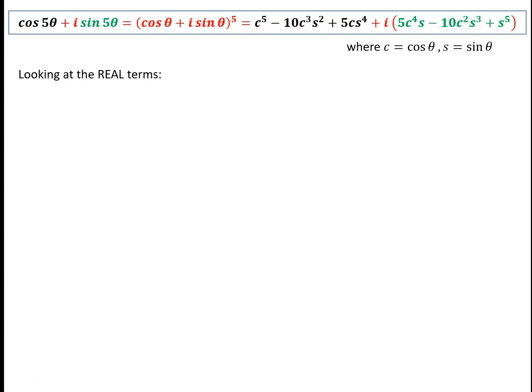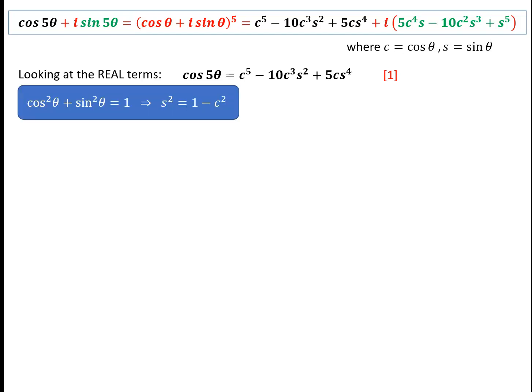If we look at the real bits, we've got on the left hand side cos 5 theta equals c to the 5 minus 10 c cubed s squared plus 5c s to the 4. But I know that cos squared theta plus sin squared theta is always equal to 1. So s squared is the same thing as 1 minus c squared.